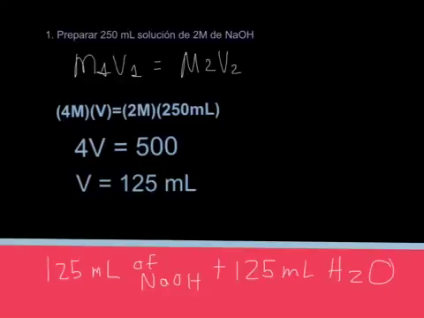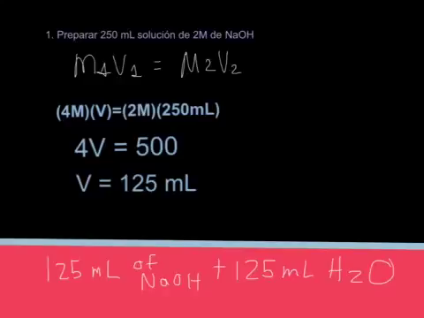For the values that you're going to use to replace in the equation, you're going to use the original stock solution found in the homework, which says that there is an NaOH solution that has a 4 molar molarity.